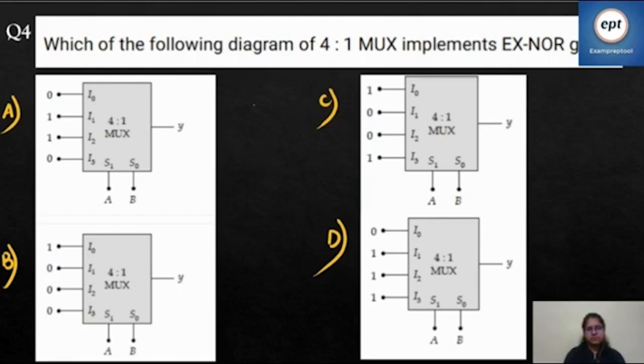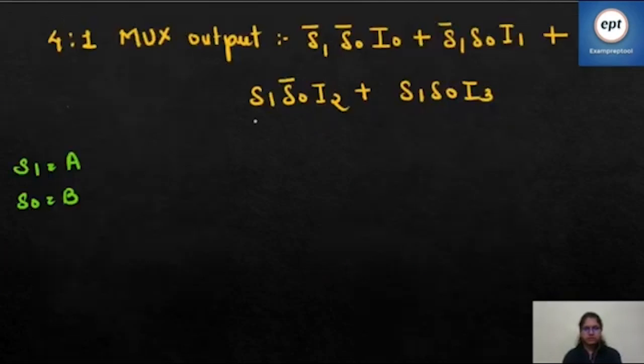If you see, the I0 input is 0. Let's put them one by one. So the expression will be A bar, B bar.